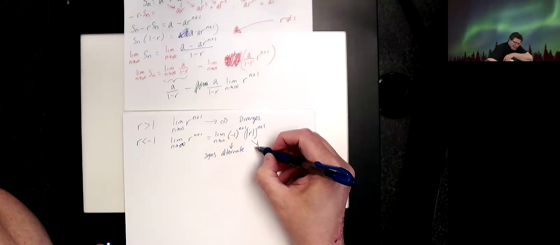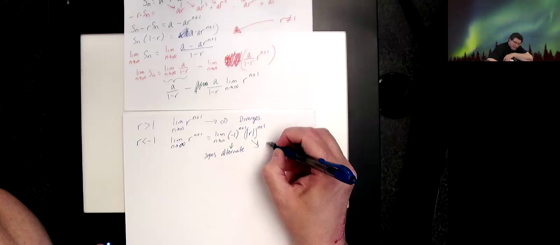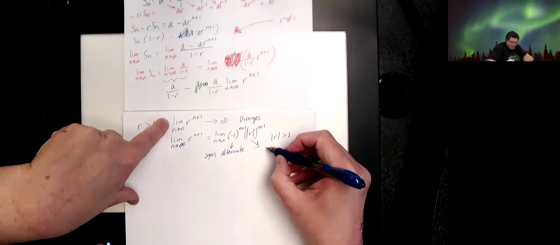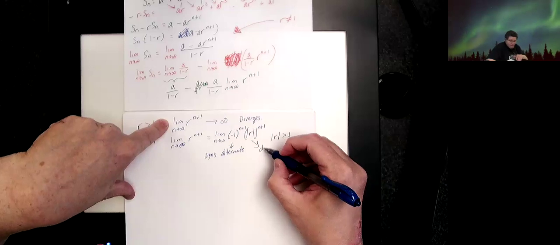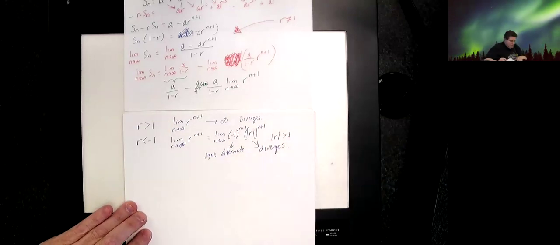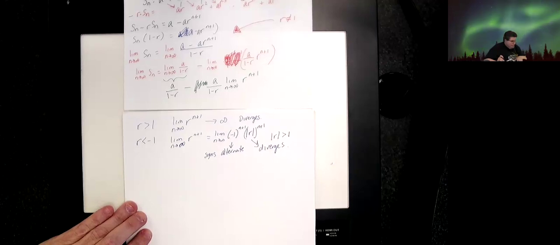But this part is now positive, and the absolute value of r here is greater than 1, and we're back in the same boat. This part diverges. So if r is less than -1 or r is greater than 1, it diverges.